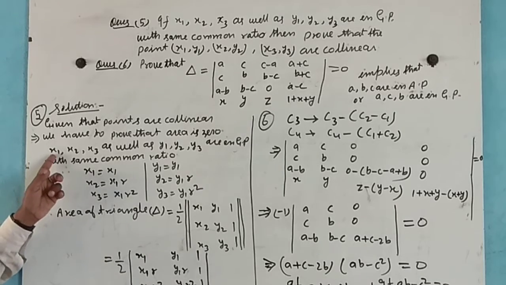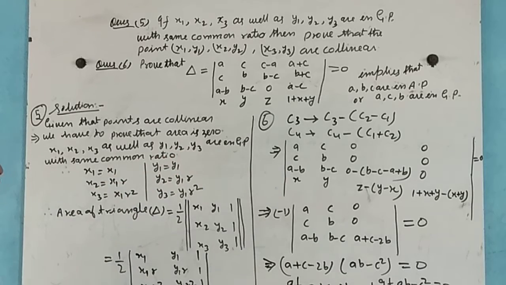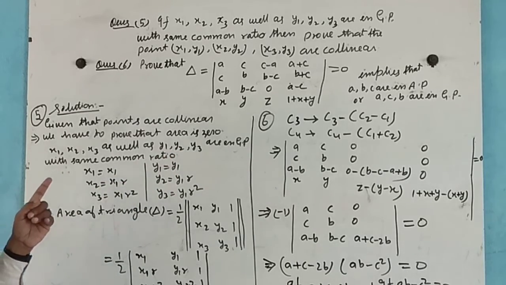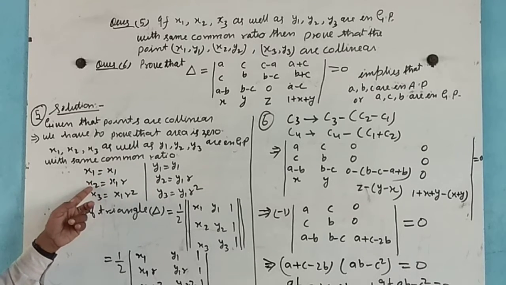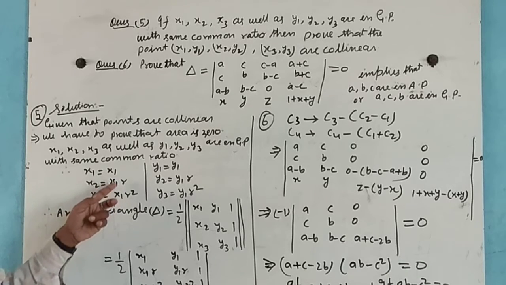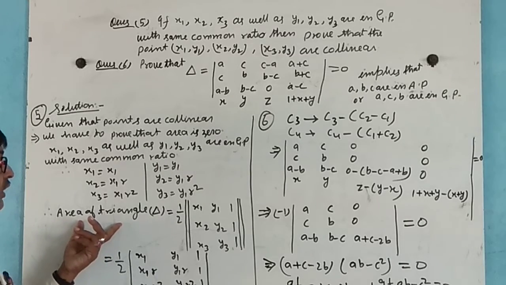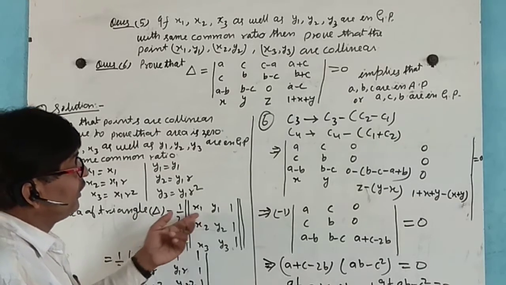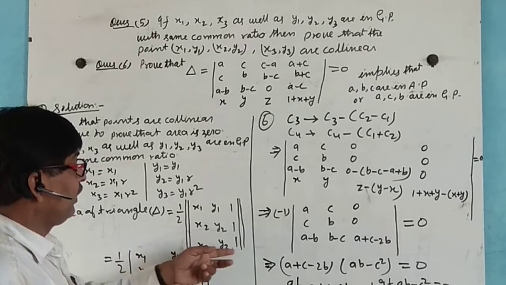Here, x1, x2, x3 as well as y1, y2, y3 are in geometric progression with the same common ratio r. So x1 is equal to x1, x2 is equal to x1 r and x3 is equal to x1 r square, and similarly for y. As you know, the area of the triangle is half the determinant with rows x1, y1, 1; x2, y2, 1; x3, y3, 1.